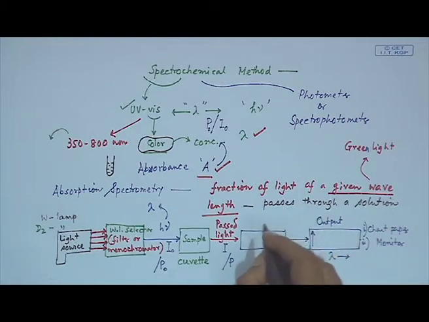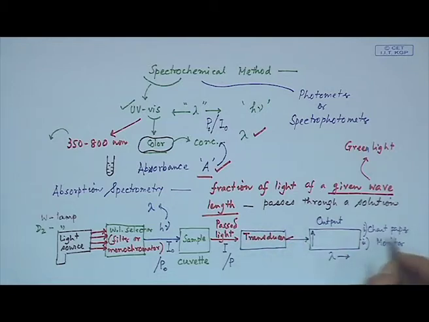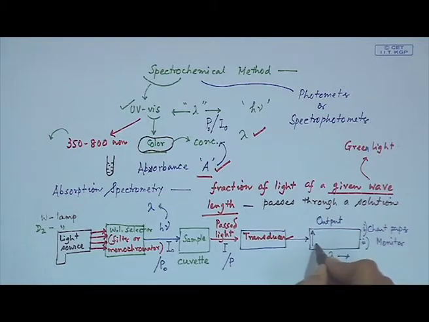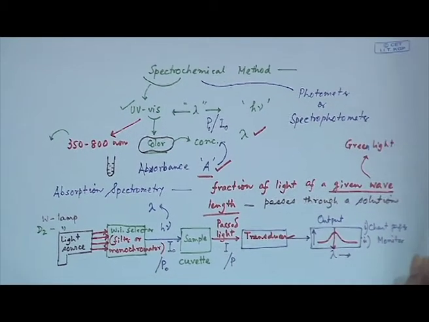This particular electronics that is available there is known as the transducer. In the output, whether it is the chart paper or the monitor, we get a typical absorption plot, and we can measure at a particular wavelength whose value is known from the corresponding x axis. This is useful to find out the T value, that means the transmittance value.